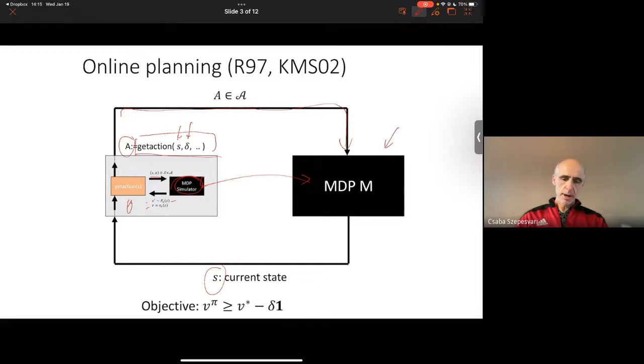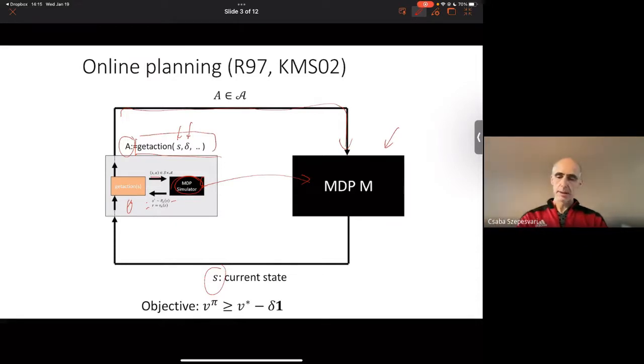Okay, so this is online planning. The task is to write the function getAction. And the objective of writing this getAction function is such that for the policy pi, which is induced by using this getAction function in this closed loop fashion, so that induces a policy, right?